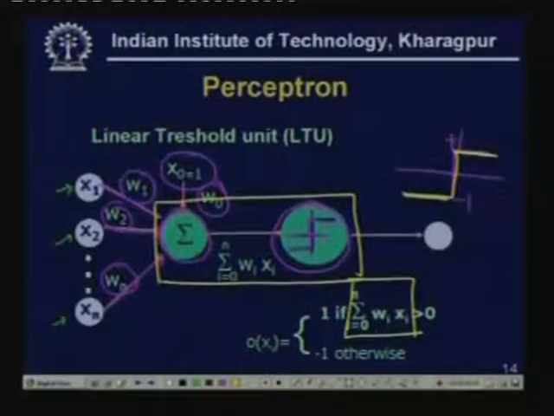So, this is a simple linear threshold unit. This part is a linear part which computes the sum, and this part applies a nonlinear step function on this sum, and the output from this unit is either plus 1 or minus 1.